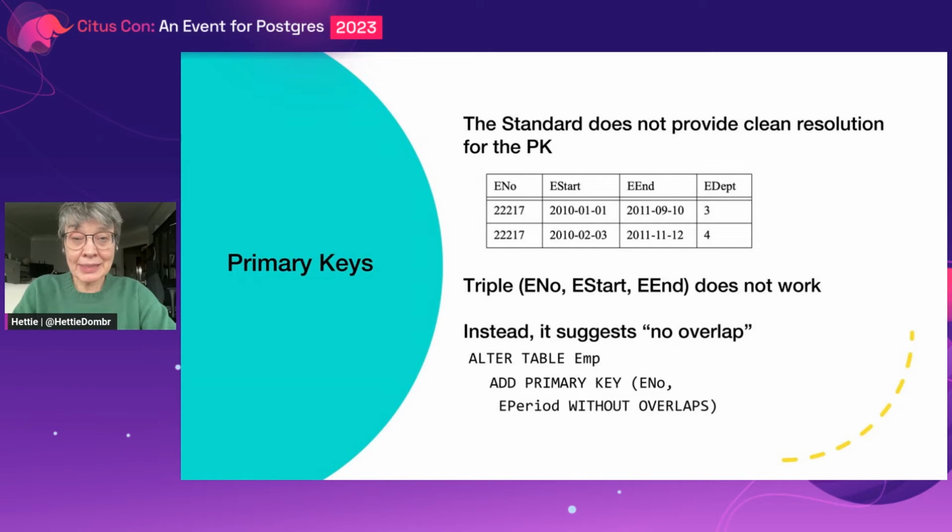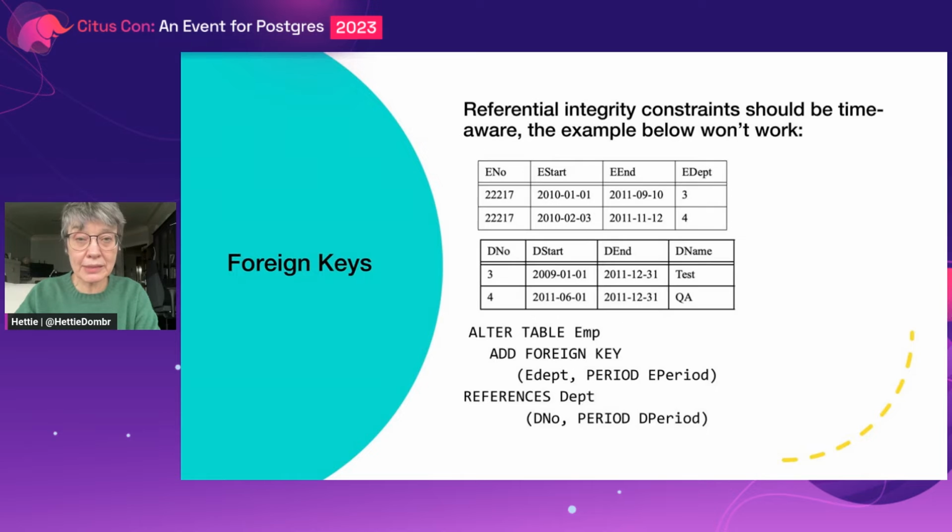Technically speaking, these two records have a unique combination of three elements, but these records cannot coexist because for one employee, the times when they were assigned to different departments overlap. So these two intervals overlap, so we cannot really have three distinct values. So the standard suggests that we have this additional keyword, without overlaps. And this is what defines the primary key in temporal tables according to the standard.